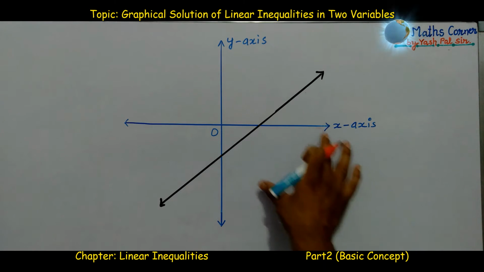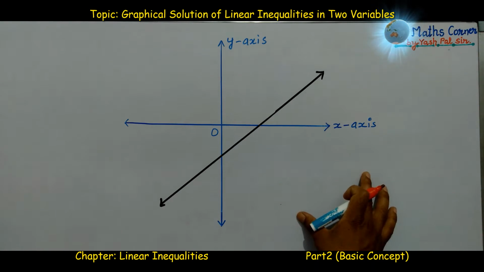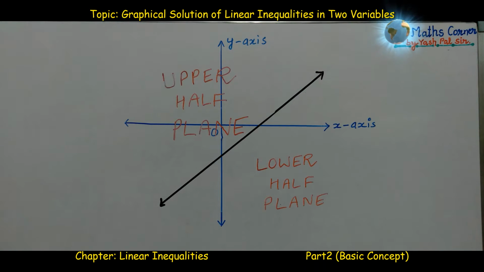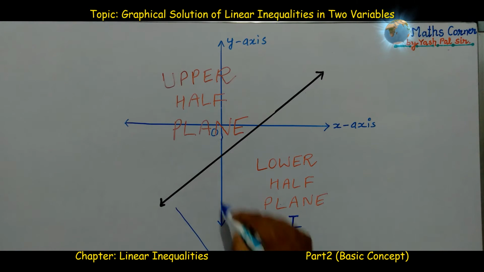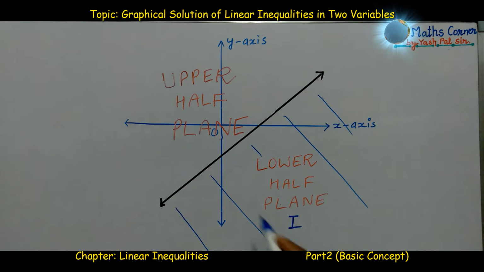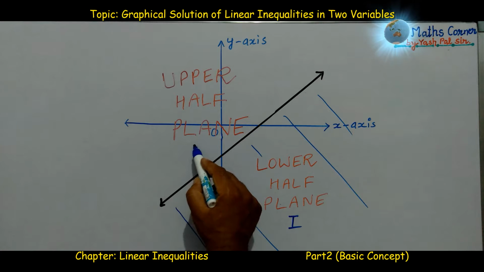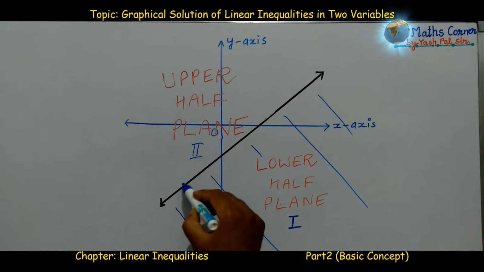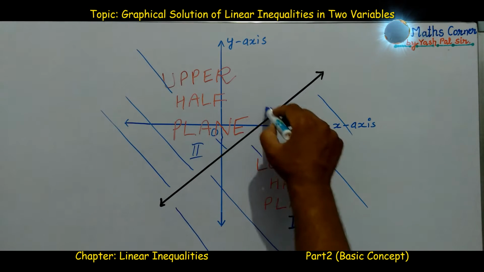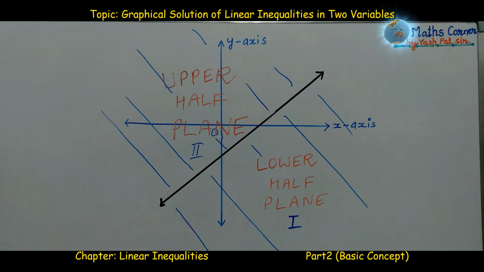One part is the lower half plane, the second part is the upper half plane. Suppose this side is the first half, the lower half plane, and this side is the second part, the upper half plane. This is the contribution of this line.